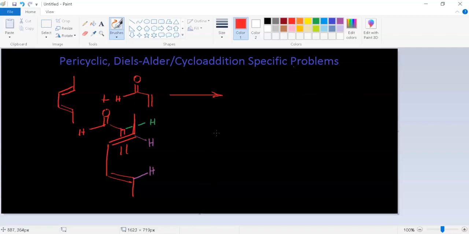So let's draw what this is going to look like. When they come together, we're going to have that double bond still there, and these carbons are right here. I understand it can get messy. The methyl groups are still hanging out at those two carbons.